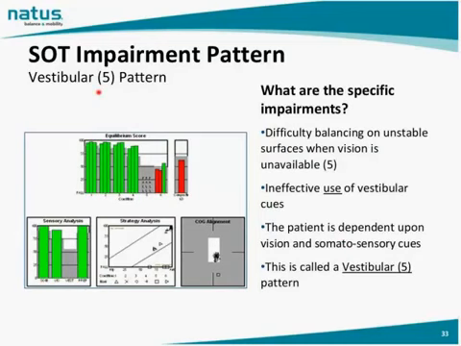Sometimes you will run into cases where the patient will have falls only on condition 5. This is the so-called vestibular 5 pattern. This is a relatively rare problem, but you can see it in a couple of situations. One, where someone is improving over the course of vestibular rehab, and 6 can return before 5.